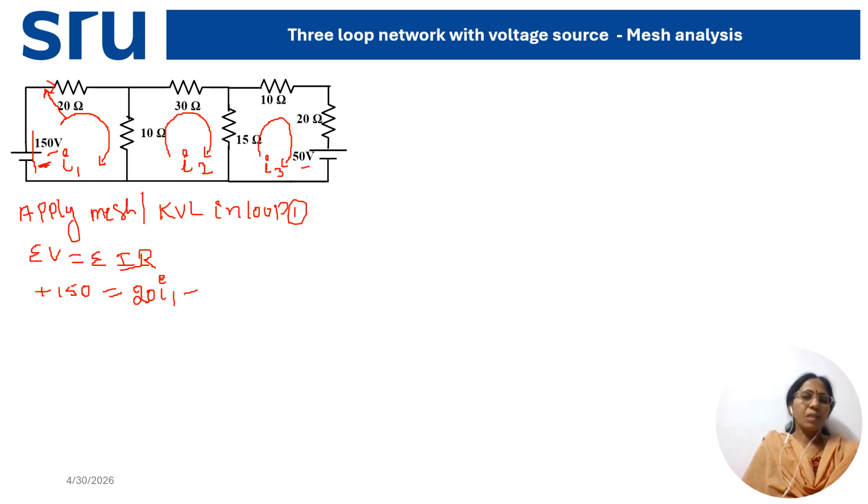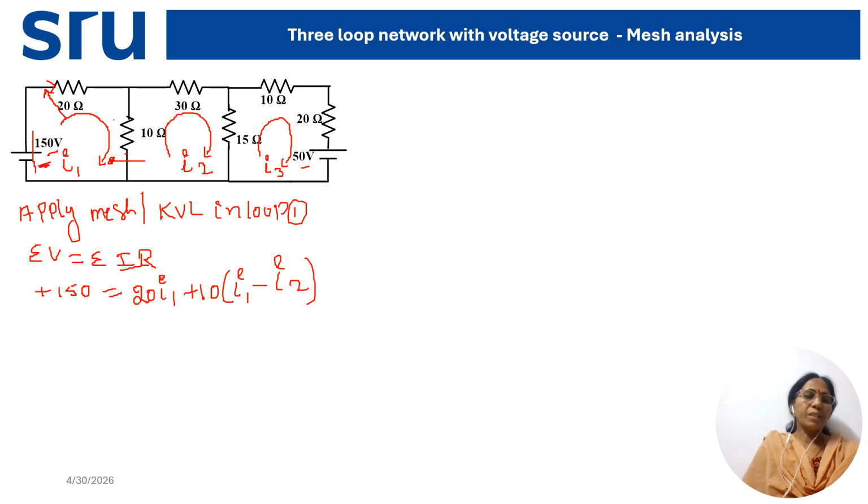Next, plus, the element after 20 ohm is the 10 ohm resistance. What is the current? This 10 ohm is connected between loop 1 and loop 2, and we are writing the equation in loop 1, so the current is taken as I1 minus I2. So 10 into (I1 minus I2). Clear? Now rewrite this equation.